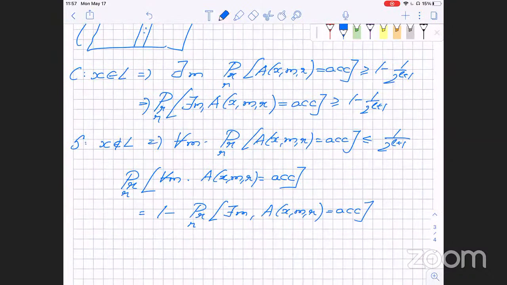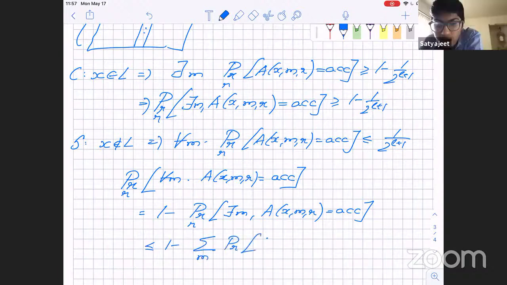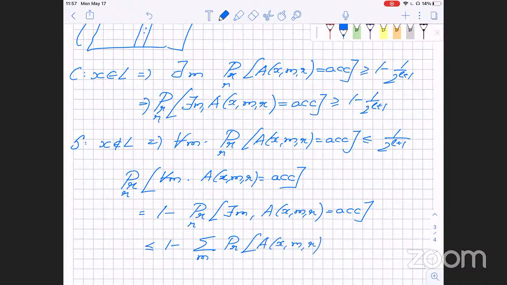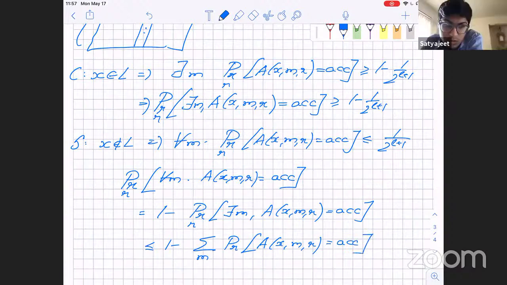This is certainly less than or equal to 1 minus the summation over M of the probability that A(X, M, R) equals accept, which I want to say is bounded above by 1/3.